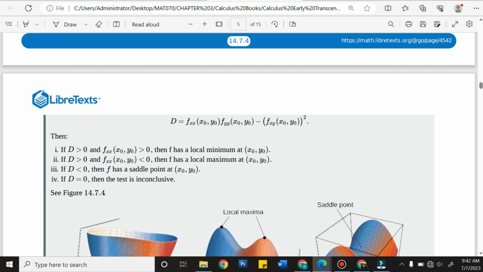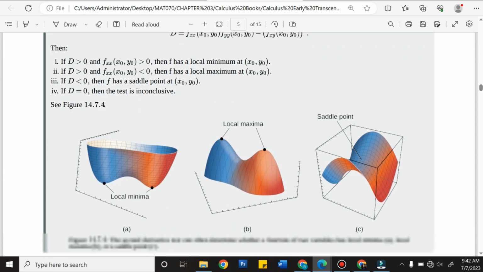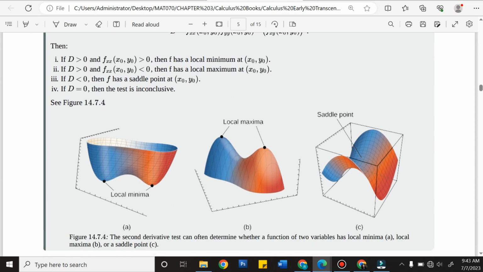If D is less than 0, there is a saddle point at x sub o, y sub o. Lastly, if D is equal to 0, then the test is inconclusive. In other words, we get no specific result. So if your D is 0, you may not continue. You are done. No conclusion.